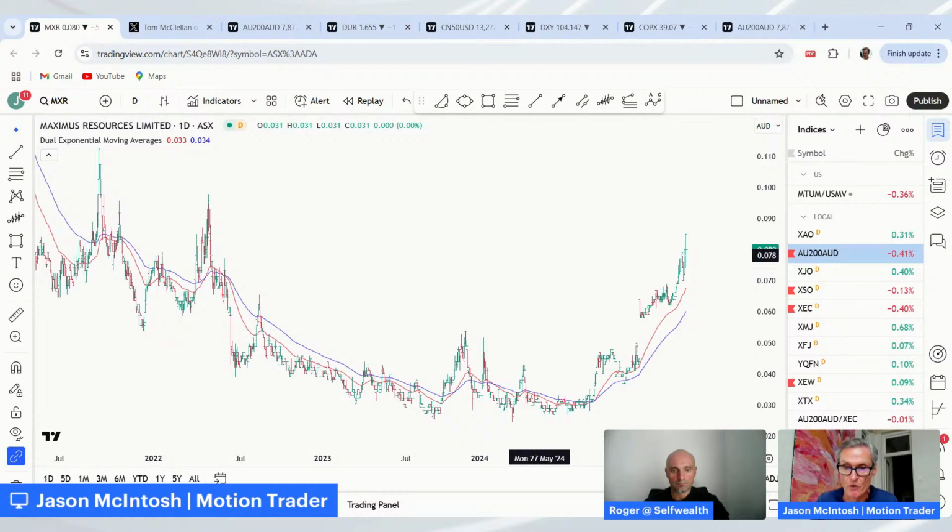You're going to trigger more exits, so you're going to have a lot more turnover. If that's what you want, that's something people can easily instigate on their own. But if you don't want to be that active, the wider initial stop works well for me, particularly with the time stop. That just helps me get out of those stocks which can drag, and it takes ages for the 25% to hit.